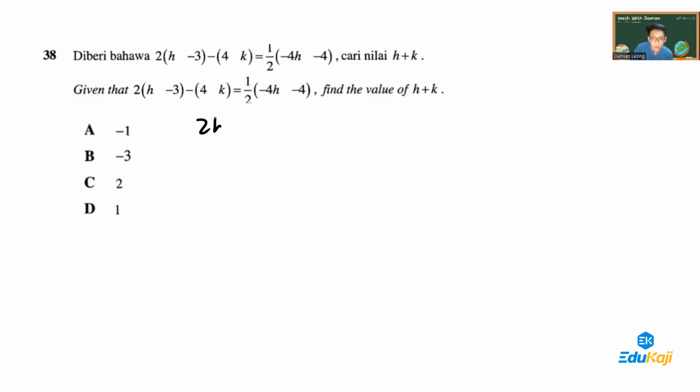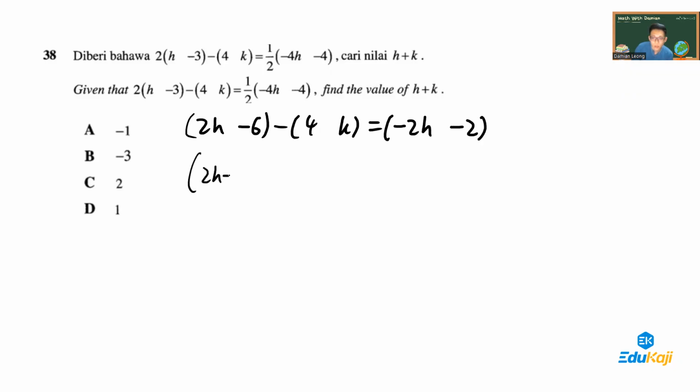So 2H minus 6 minus 4K equals -2H minus 2. So combine this, it means 2H minus 4, the first element minus first element, -6 minus the K, then it will be equal to the -2H, -2.